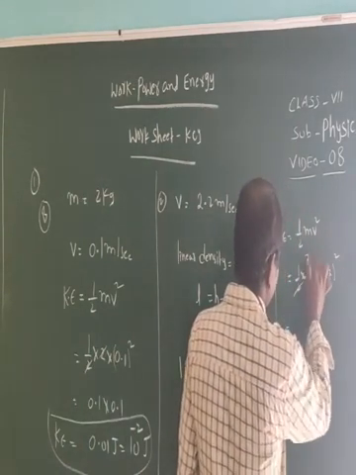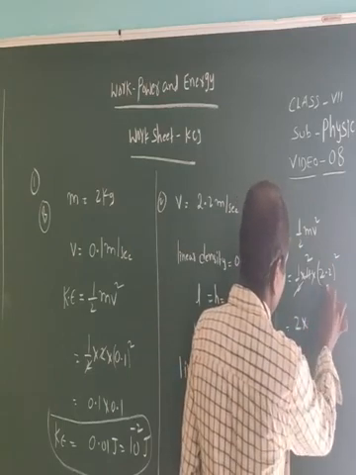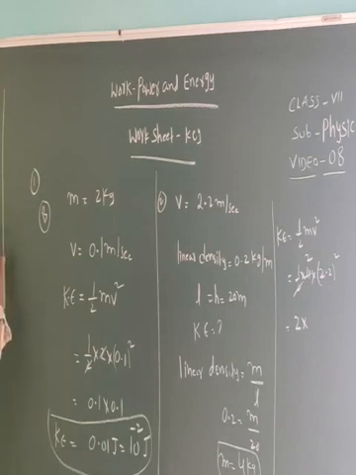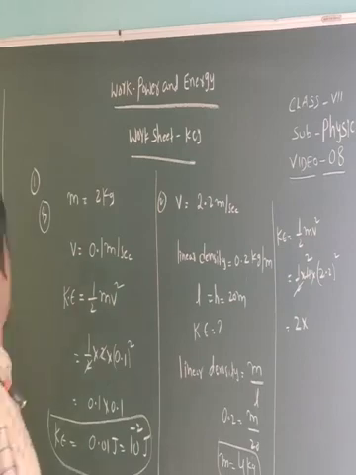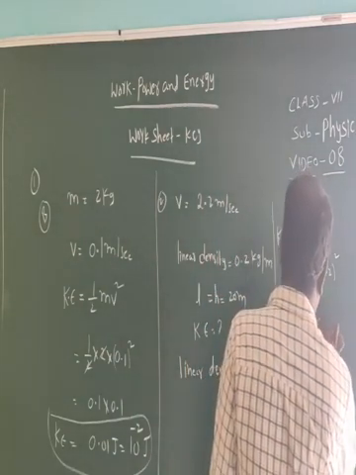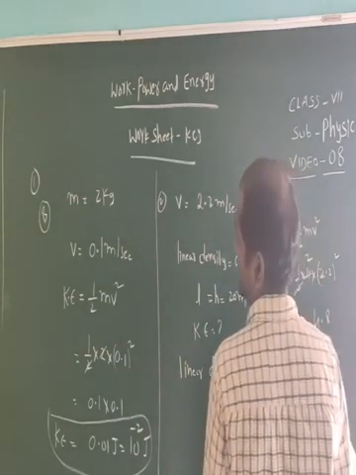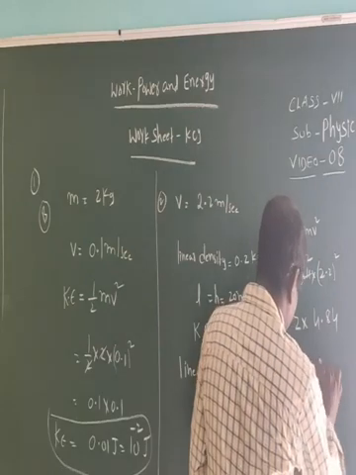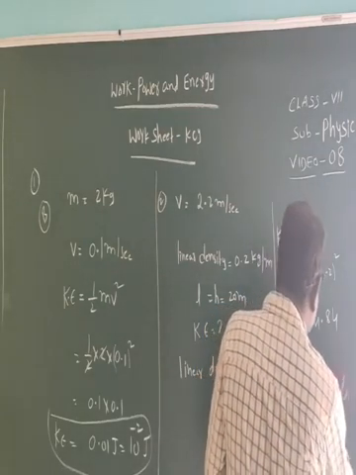So 2 into 2.2 whole square, that is 2 into 4.84, which is equal to 9.68 joules.